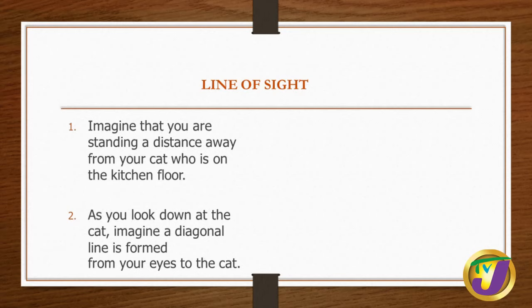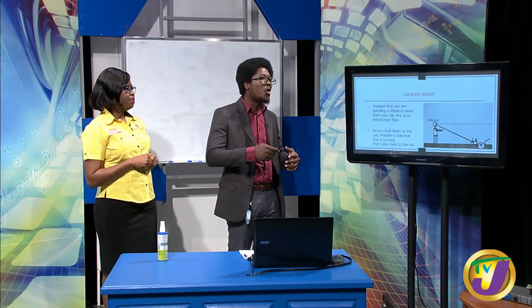You're in your kitchen, standing a little distance away, and the cat is on the floor. As you look down at the cat, imagine a diagonal line is formed from your eyes to the cat. Now, let us see what that looks like. Remember, with all these problems, it's always good to illustrate what we are looking at.